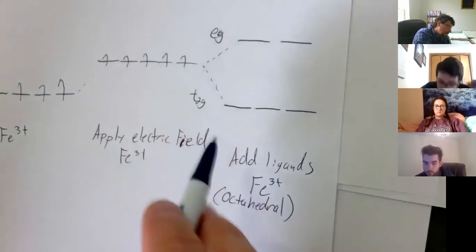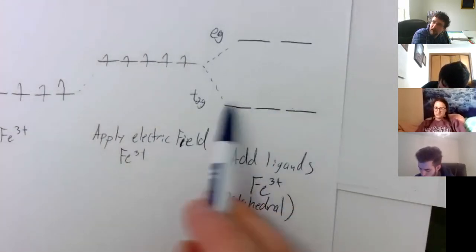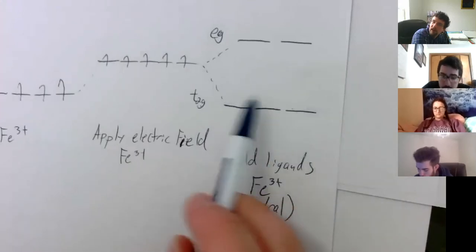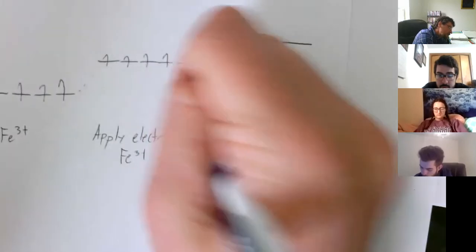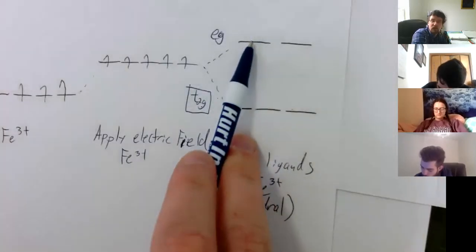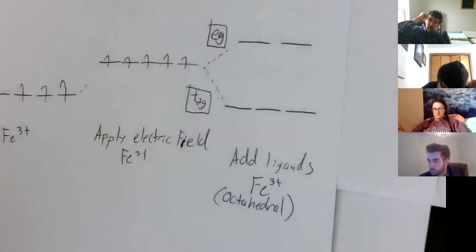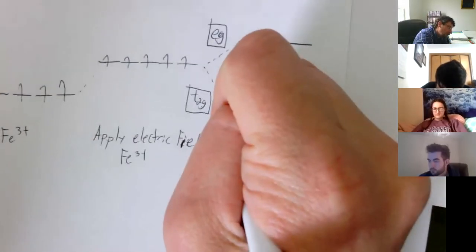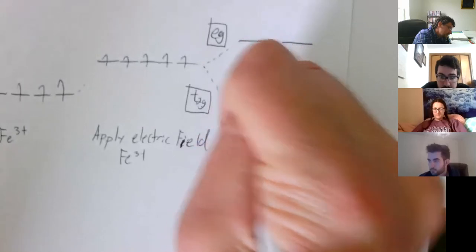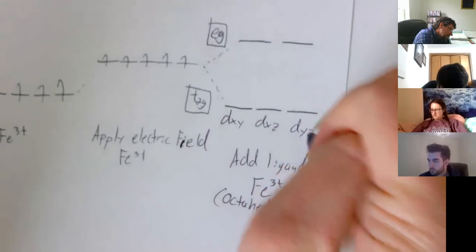So these orbitals are all degenerate with one another. They are triply degenerate. That's why they get the symbol T2g. These are doubly degenerate. That's why they get the symbol Eg. That comes from point groups, molecular orbitals, and irreducible representations. In terms of the orbitals that get shifted, this is the dxy, dxz, dyz.